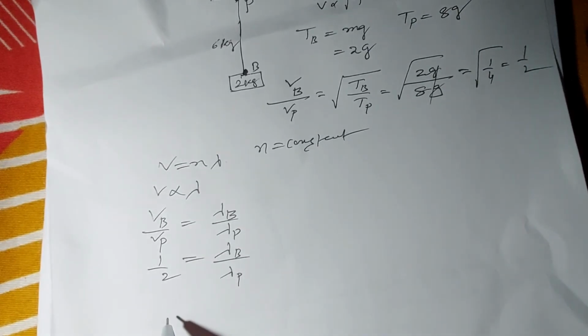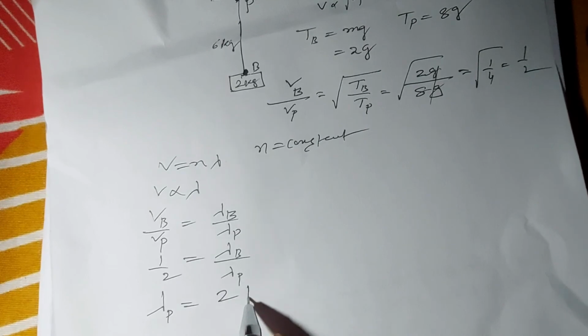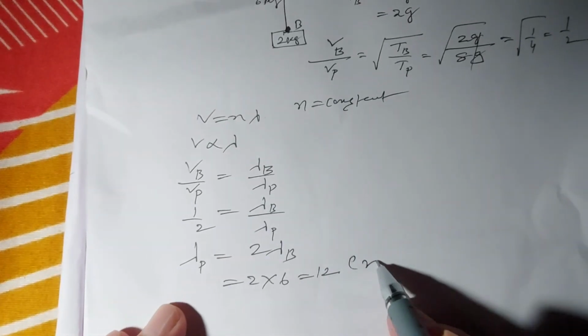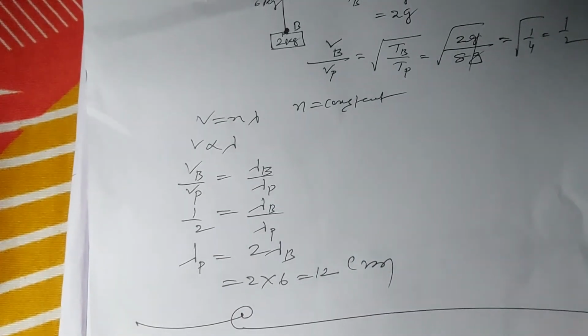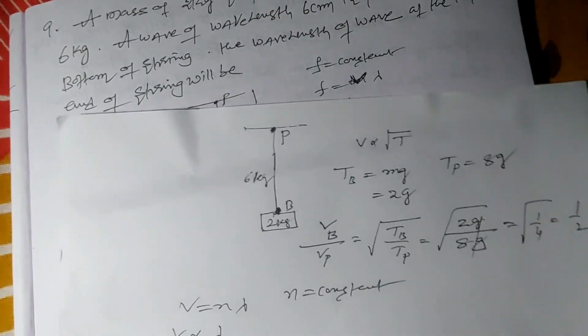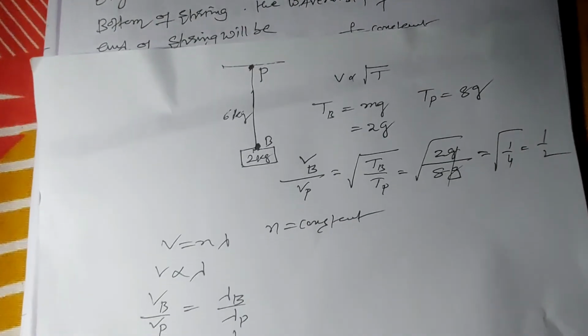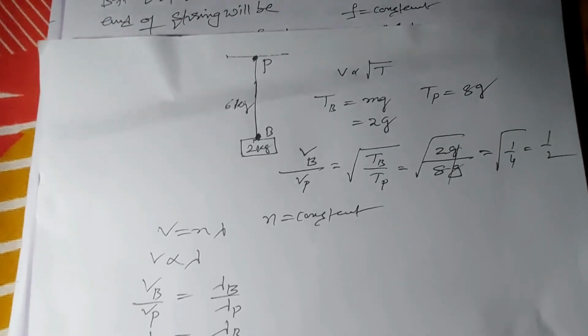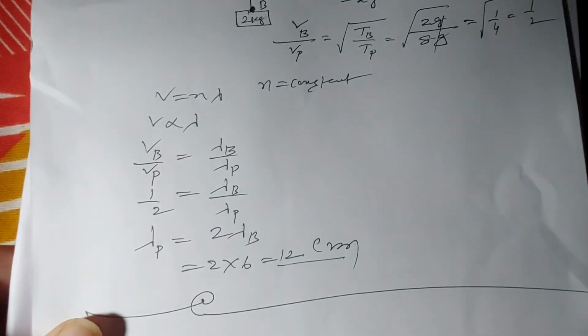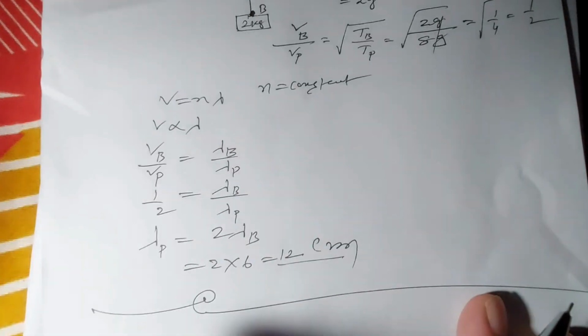Lambda p is equal to 2 lambda b, that is 2 into 6, which is 12 centimeters. So the wavelength of the wave in the string at the top end is 12 centimeters.